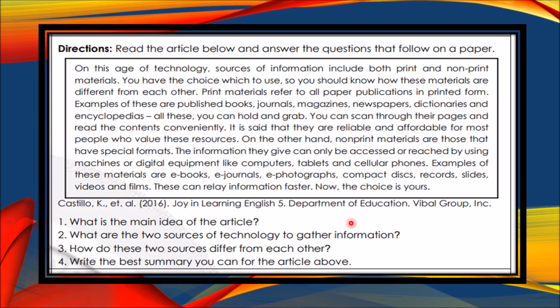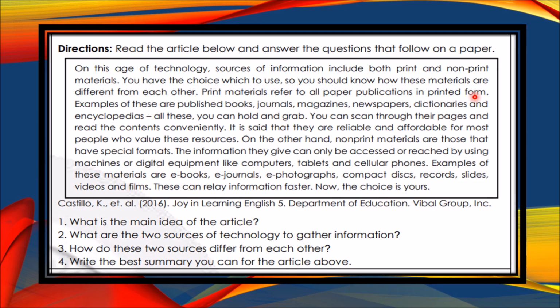So, ang gagawin nyo lang, paikli nyo. For example, there are two sources of information. These are print and non-print materials. Print materials refer to all paper publication in printed form.